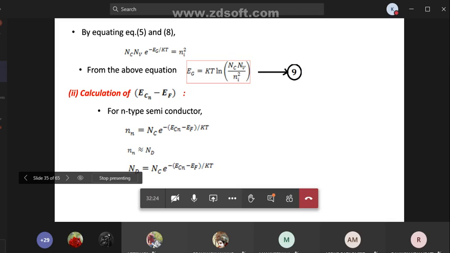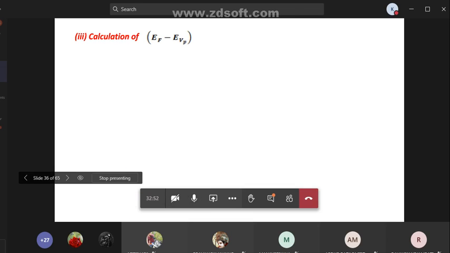So Nd equal to Nc into e power minus of (ECN minus EF) by KT, right? So we required ECN minus EF. So ECN minus EF equal to KT ln of NC by ND. Okay. So finally we need to calculate E0, that is equal to E1 plus E2.